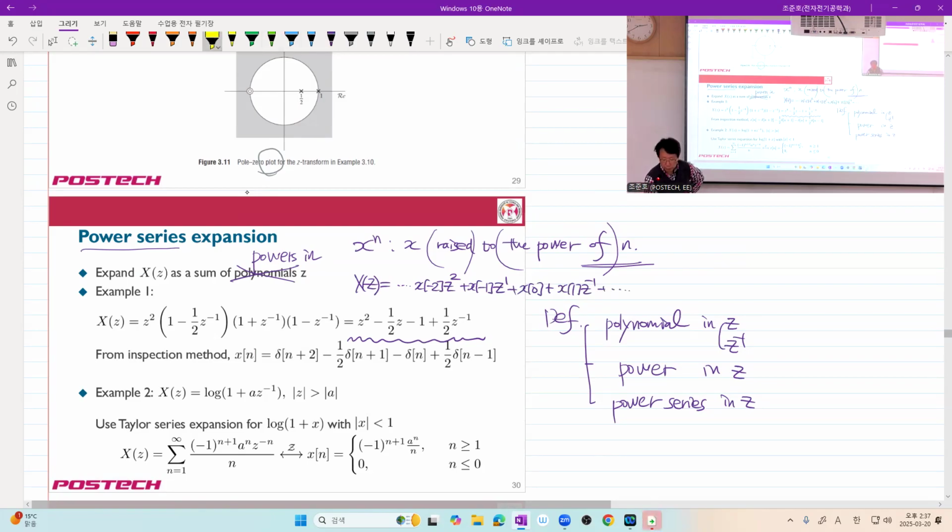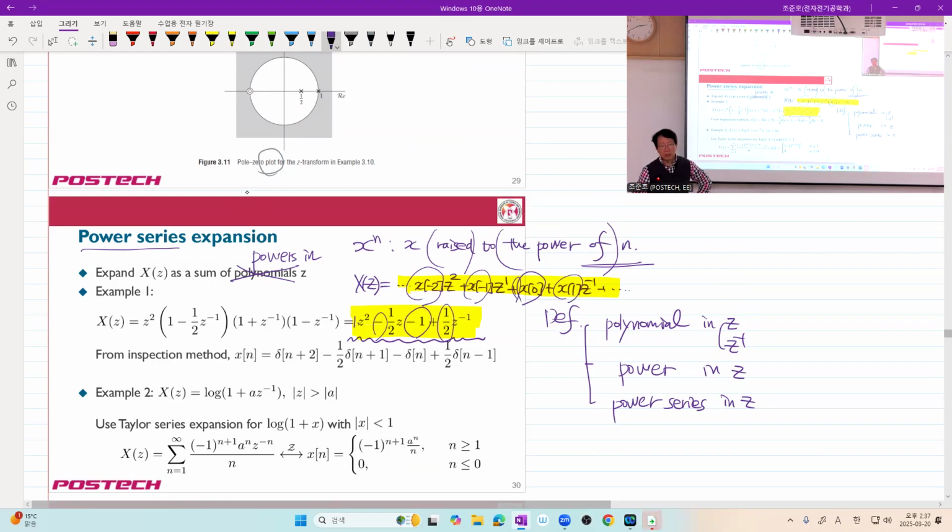Now, you compare this one with that one. Then you may say that, hey, x of -2 must be 1, x of -1 must be -1, x0 must be -1, x1 must be 2.